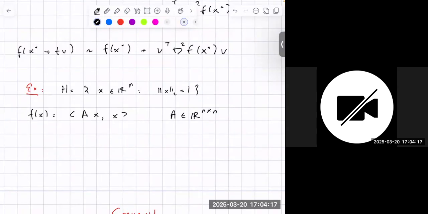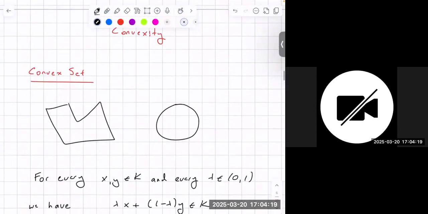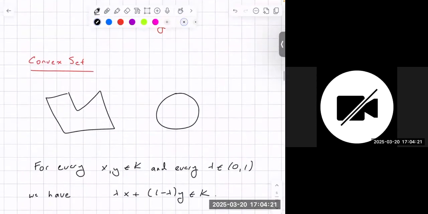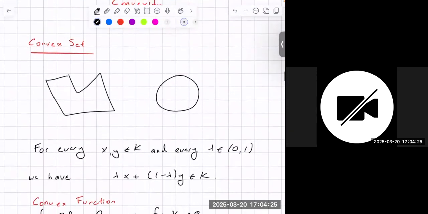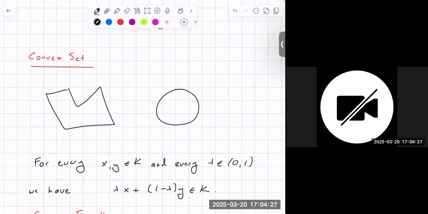Okay, now the next thing that is important and useful is the notion of convexity. What is convexity? Let me first define a convex set. A convex set means the following. Take two points in that set, and then draw a line segment between them.